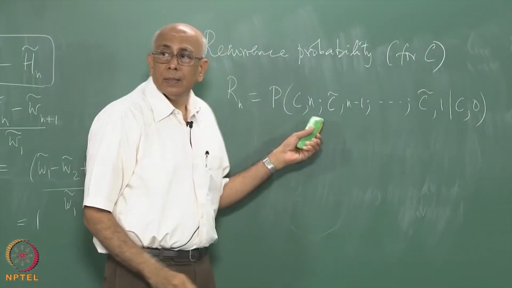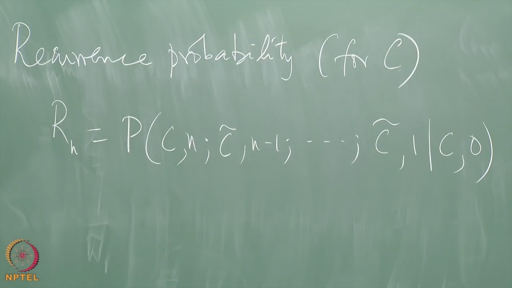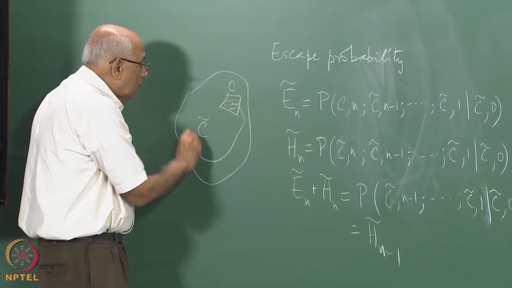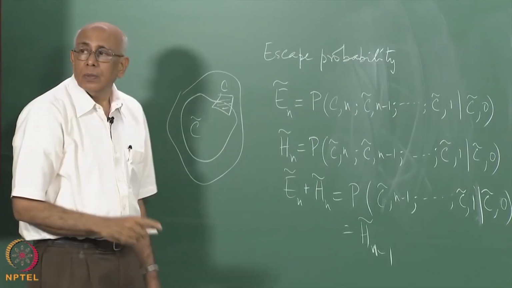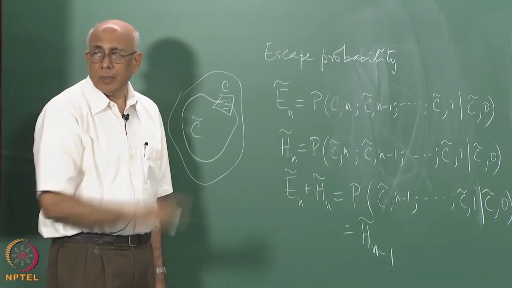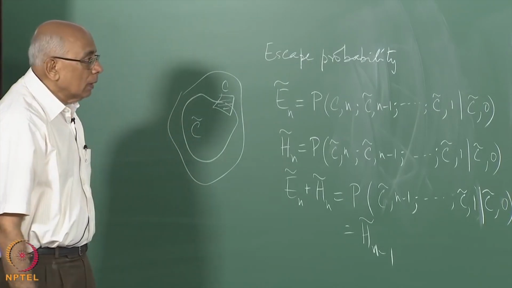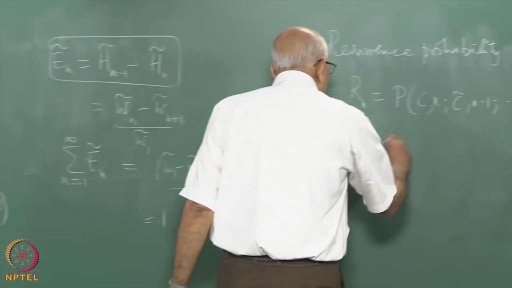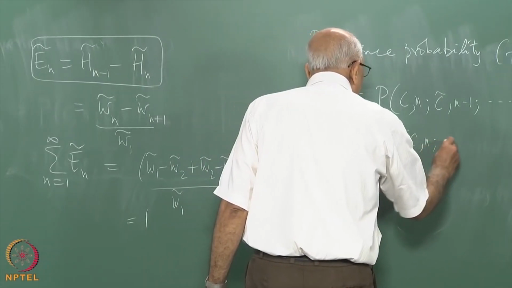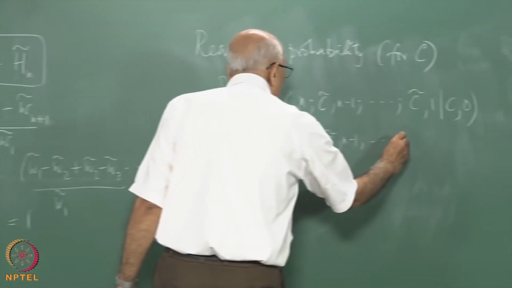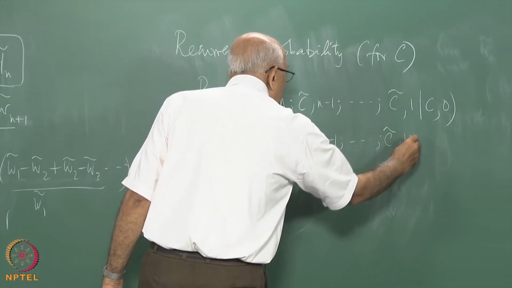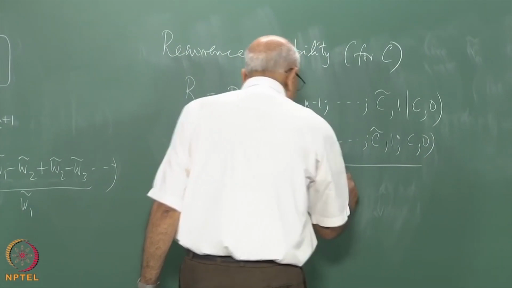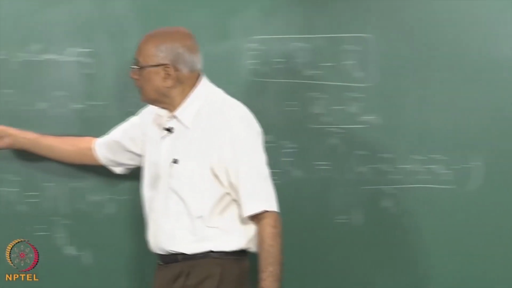Notice now it is C. So the statement is I start inside here at t equal to 0, and then I jump out and come back, and the question is, what is the probability of this happening in n time steps? Okay. So I start with that probability here conditioned on this, but I can also write this as P of Cn, C tilde n minus 1 through C tilde 1 semicolon C0 divided by P of C, the invariant measure of the cell itself.